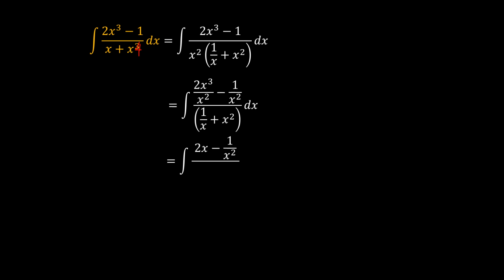we come to see that we have 2x minus 1 over x squared over 1 over x plus x squared, and 2x is the derivative of x squared and 1 over x squared is the derivative of 1 over x.